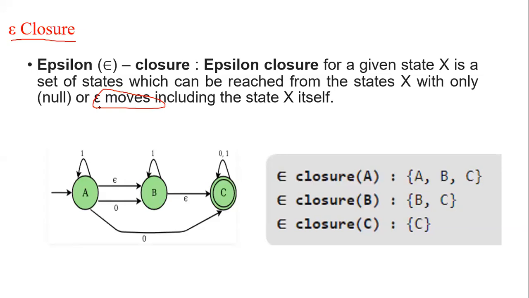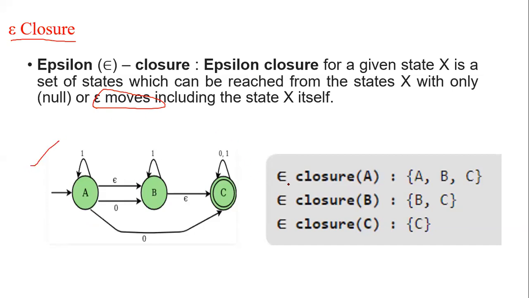How can we calculate the epsilon closure? It is how far we can move forward with the help of epsilon from the particular state. See here, this is the diagram given. This is an NFA with epsilon moves.